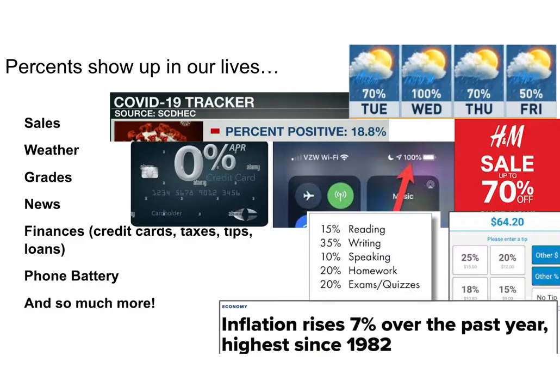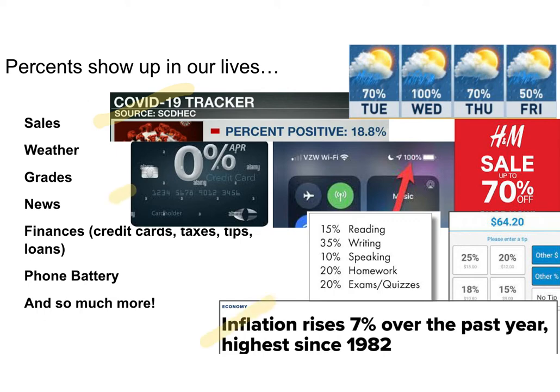And it's really important to understand percentages because, of all the math things that you all will study, percentages are one of the things that shows up the most in our day-to-day lives. We see it everywhere. We see it in news articles, especially around the current pandemic. We see it about inflation and the economy.